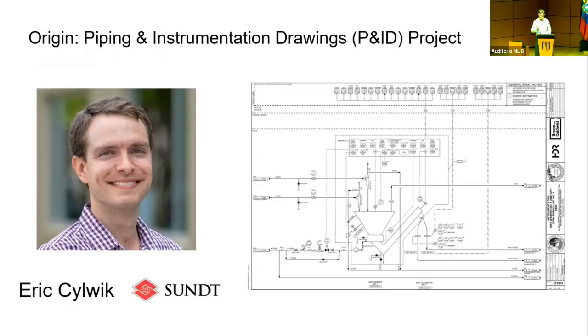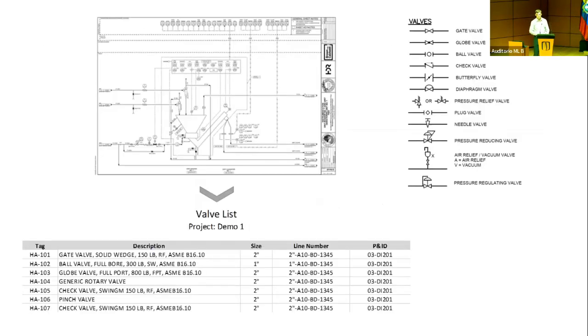About a year ago, I was sitting down with one of our industry partners, Eric at Sunt, and he was complaining about how much time his construction coordinators were spending on doing takeoffs in P&ID diagrams. So you're given a thick booklet of sheets that look like this, and you have a legend of different valve types.